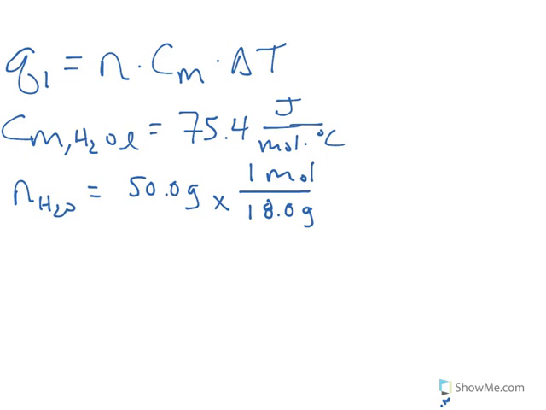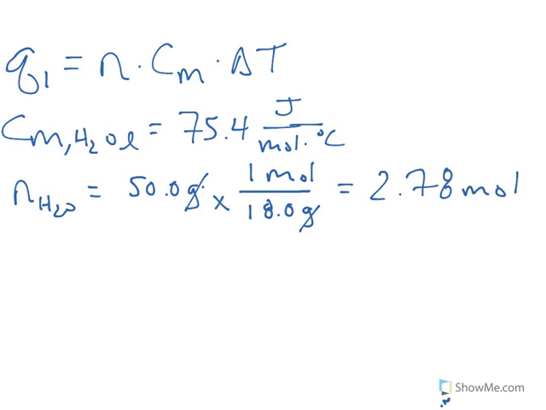I get that from the periodic table, looking up the molar mass of 2 hydrogens and 1 oxygen, which gives me 18 grams. So my grams cancel, and I take 50 divided by 18, and I get 2.78 mole.